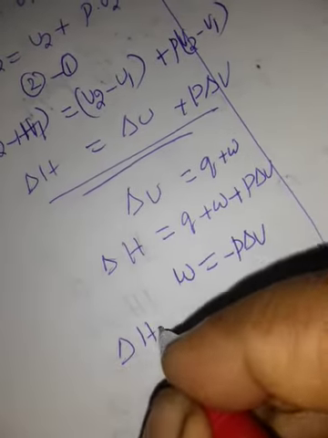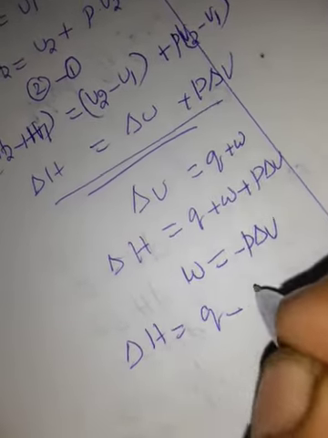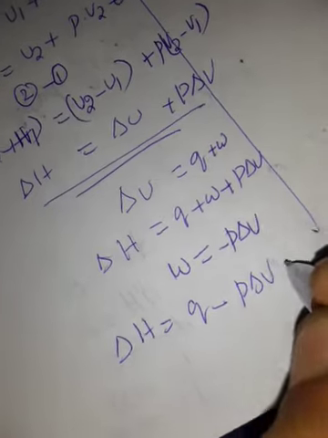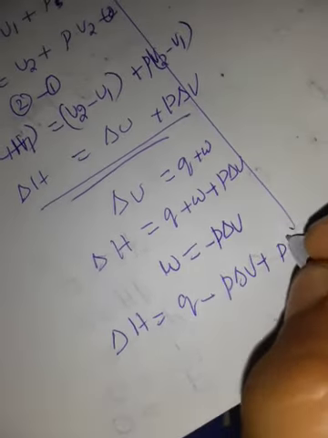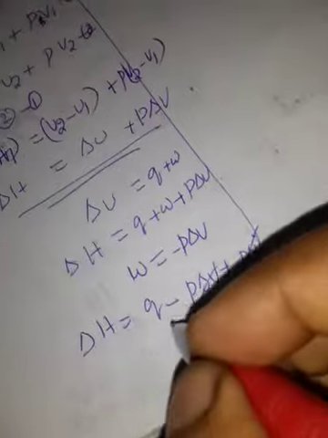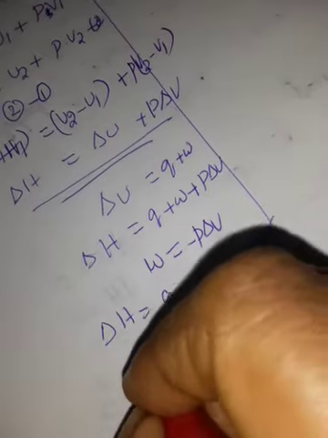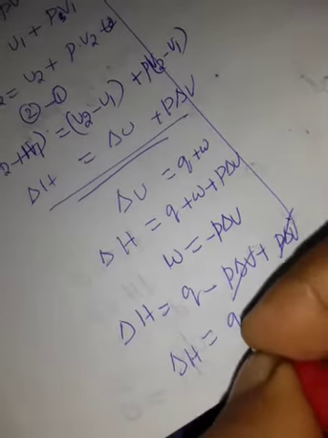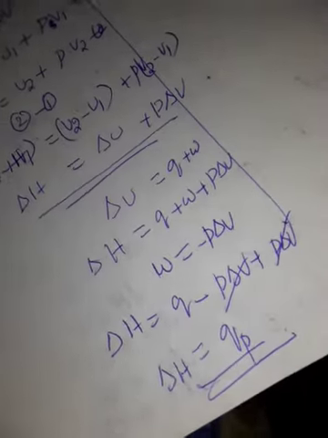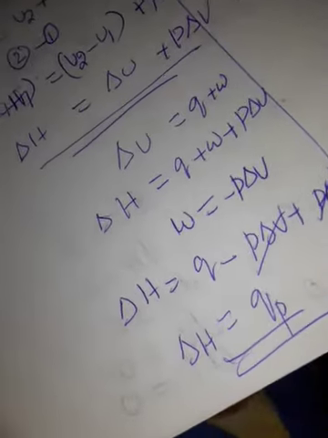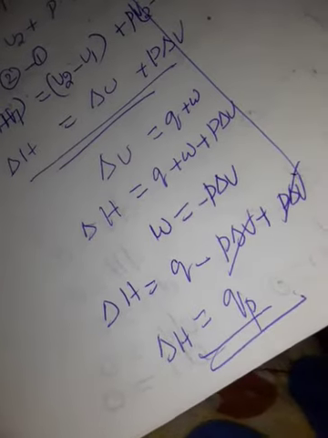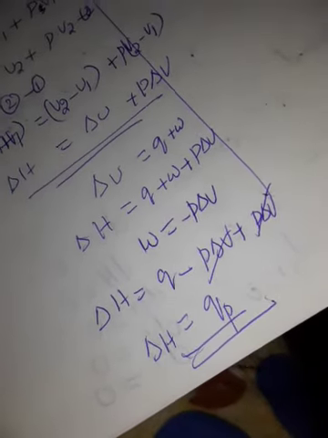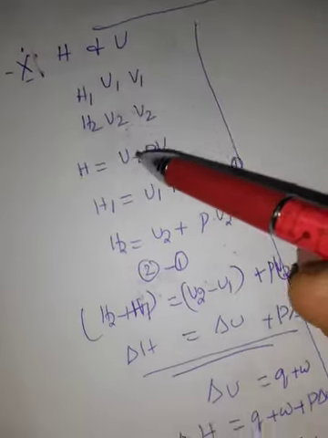So del H is equal to Q minus P delta V plus P delta V, which get cancelled. So therefore del H is equal to Qp at constant pressure. That is Qp, meaning heat absorbed at constant pressure, and is considered as heat content. This is the relationship between H and U.